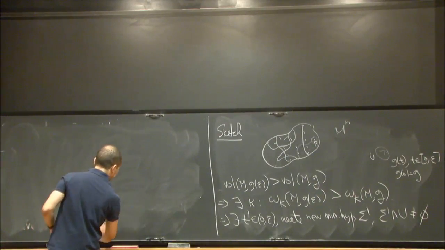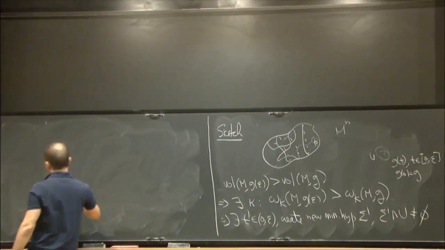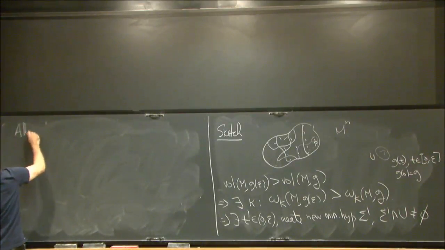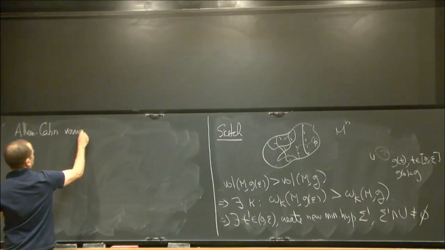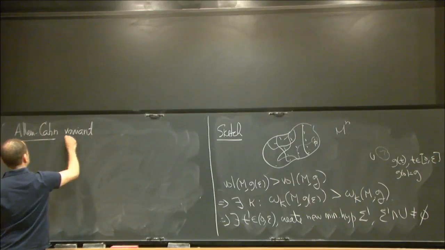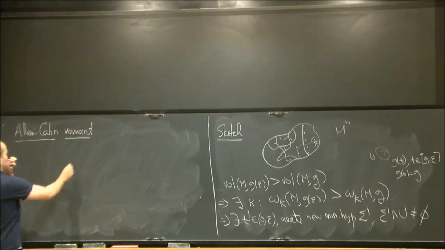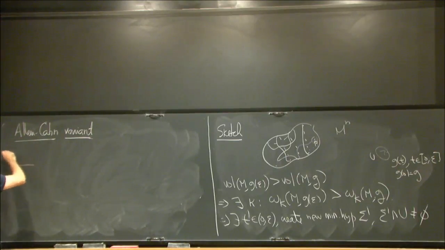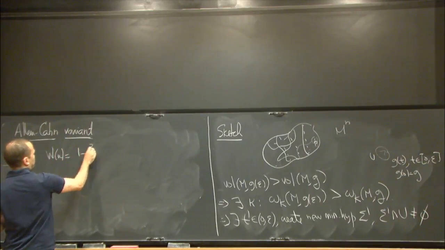And that uses the so-called Allen-Cahn variant. The idea here is somehow to approximate the problem. So let me just say what it is. You take a potential which looks like a W, could be this one here.